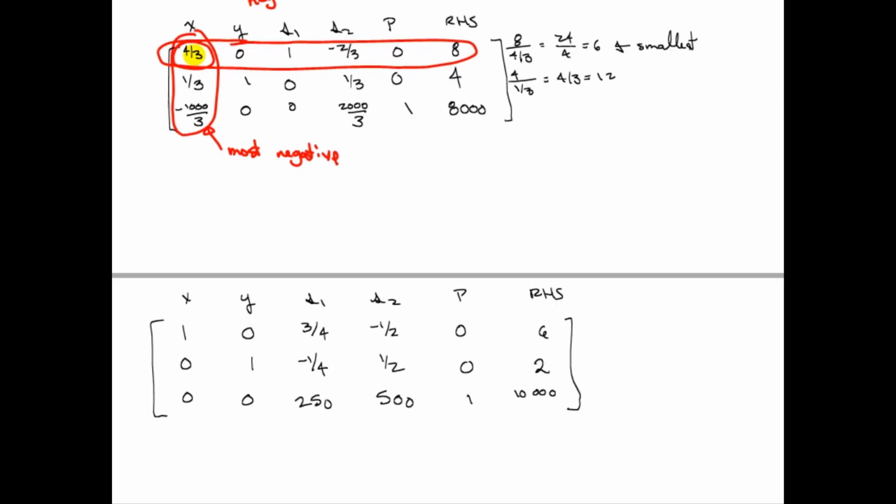Okay, so there are no more negatives in the bottom row. So that tells me that we are at the optimum.